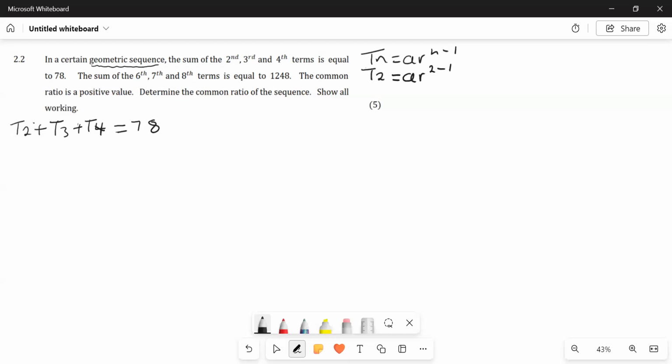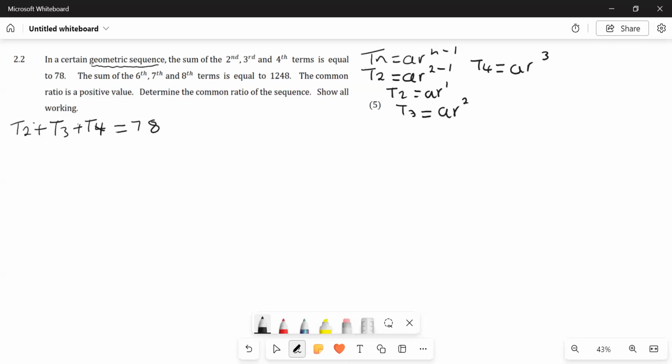So basically t2 is a r to the power 1. And then t3, we follow the same procedure, and we get t3 is a r squared. Even t4, we follow the same procedure, and we get t4 is a r to the power 3.